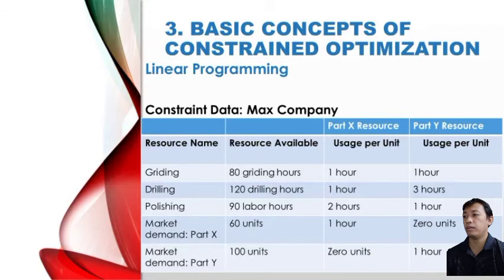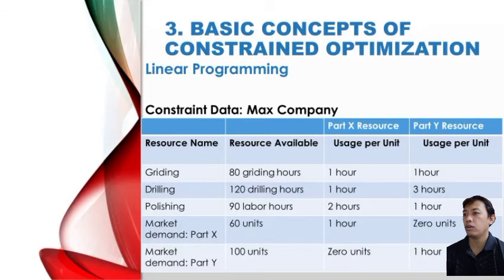And the part X usage per unit for grinding is 1 hour, while part Y is also 1 hour, so they're the same. And then drilling is 1 hour for part X, and for part Y is 3 hours. While in polishing, part X is 2 hours, and for part Y is 1 hour.